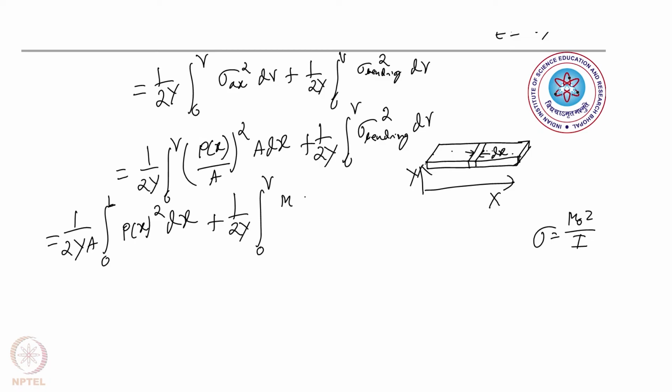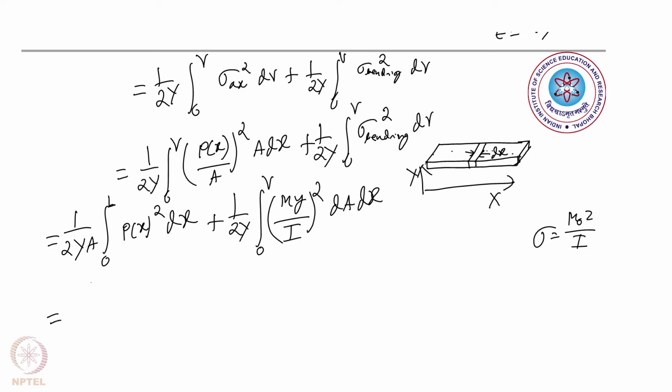So M, and then the z is actually here let us say y, because we are taking the layer in the y direction. So let us say at a distance of small y from the neutral axis, we can take that My, and then I is the same. So My by I square into dV is dA dx, right.